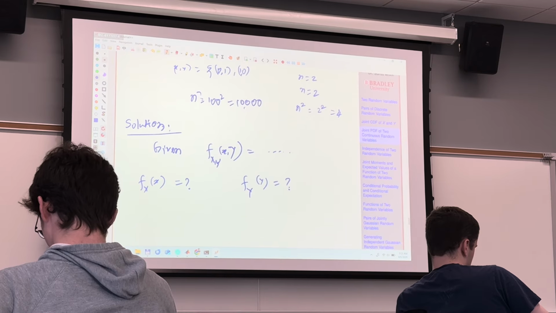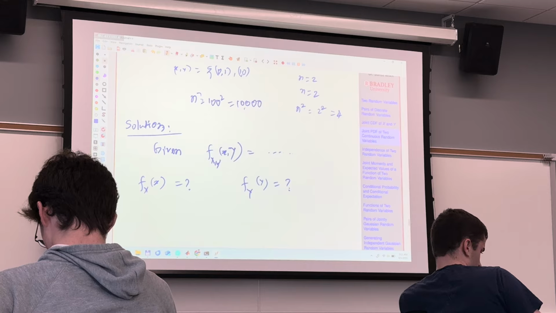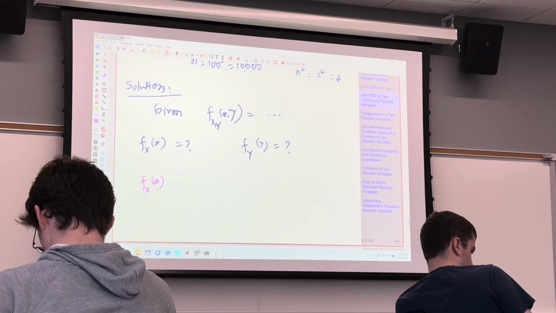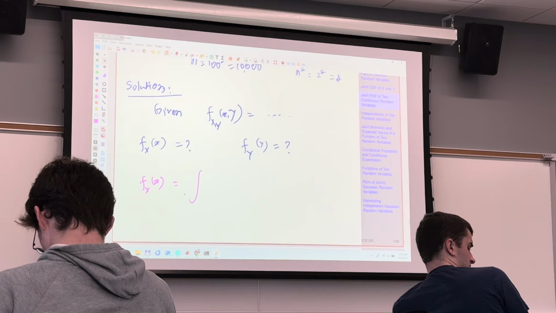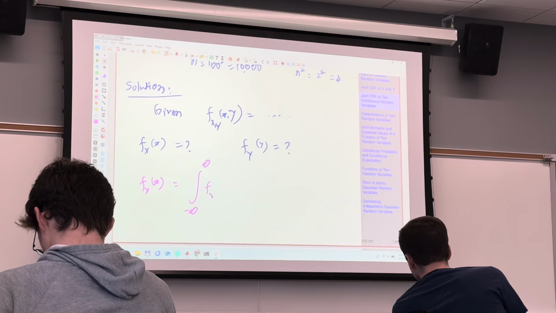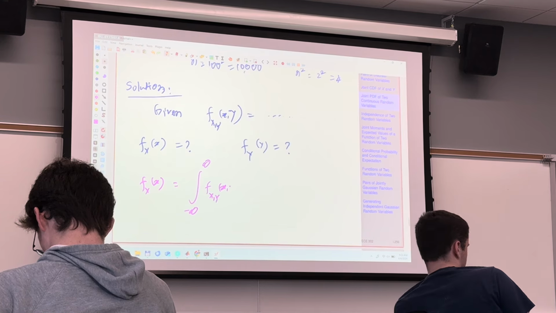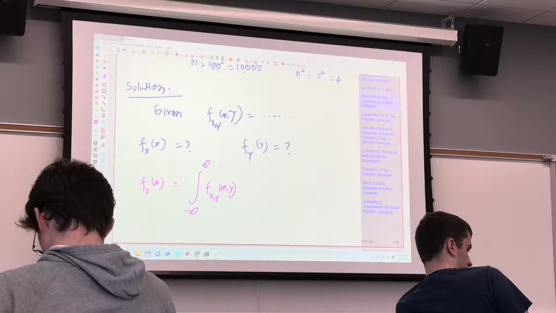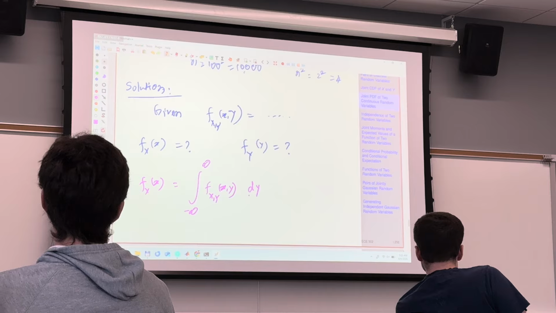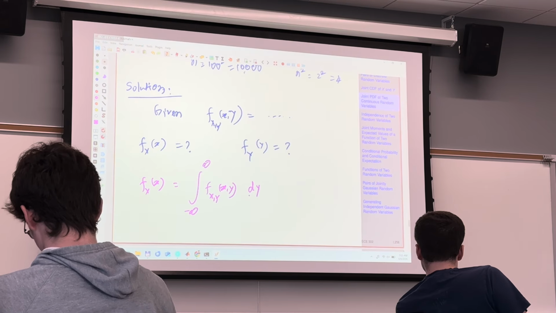The formula here is you just write f sub x of x equals, you integrate from negative infinity to positive infinity f sub x,y taking value x,y, and you integrate out, you just make the variable y disappear.